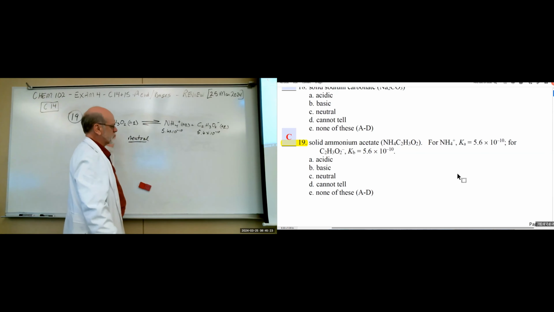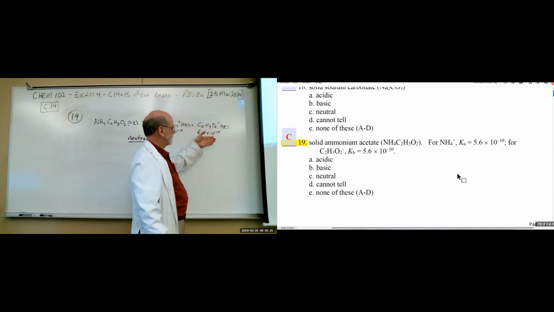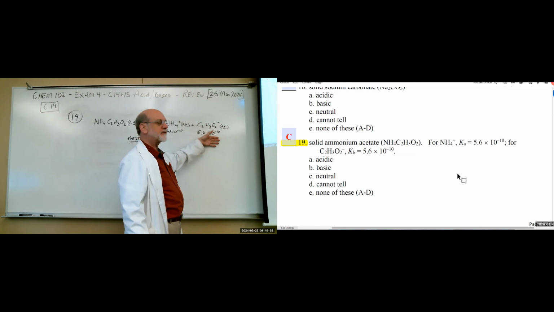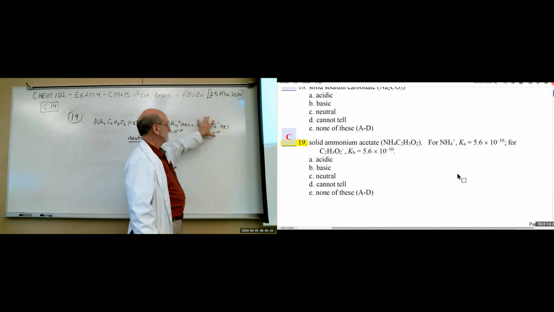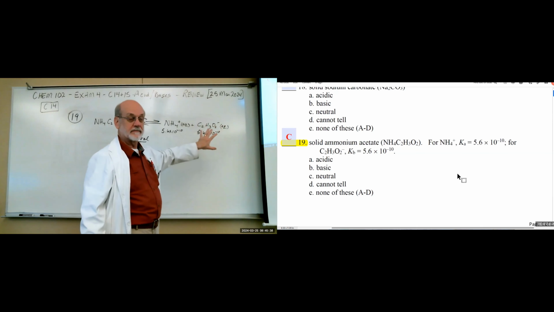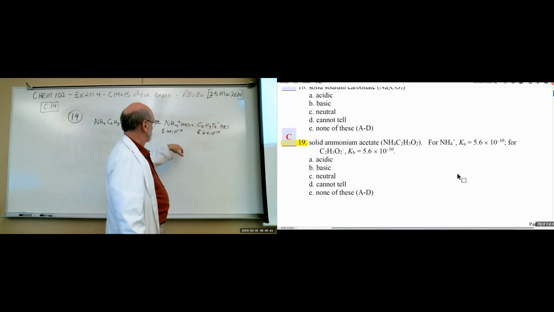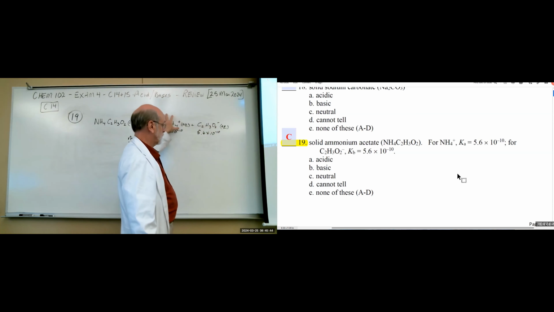Now, if we had a situation where this one was a larger value than that one, say it's 10 to the minus 5 instead of 10 to the minus 10, then this would produce a basic solution because it would strip a proton off of water and take protons from this one as well.